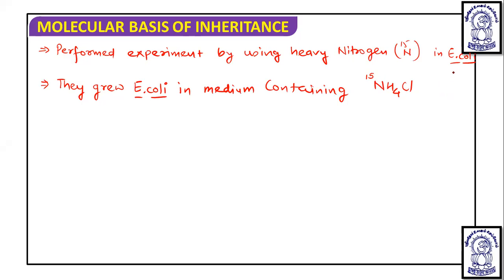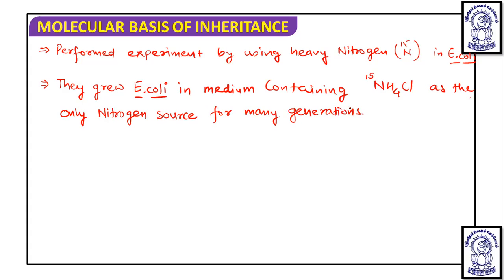So they grew E. coli in a medium containing NH4Cl as the only nitrogen source for many generations. And N15 is the heavy isotope of nitrogen.